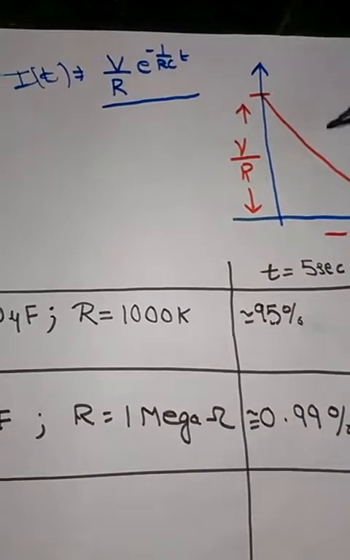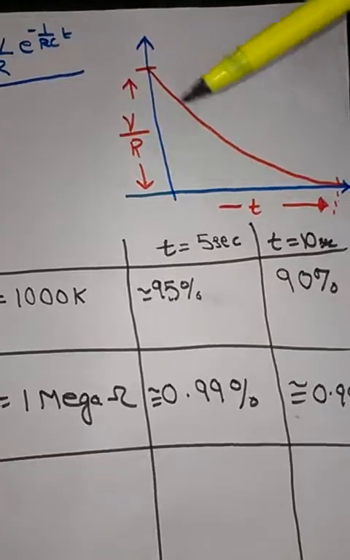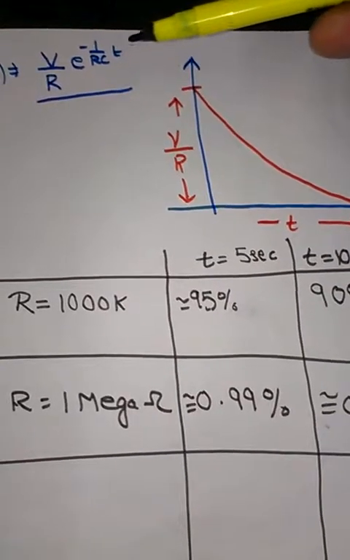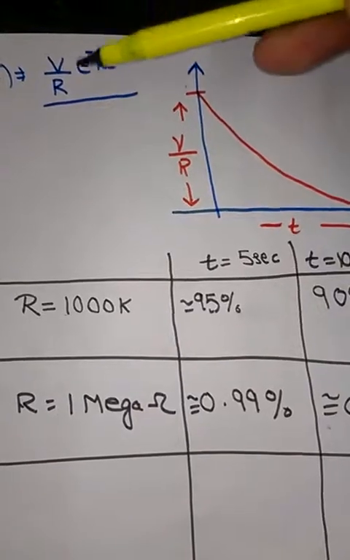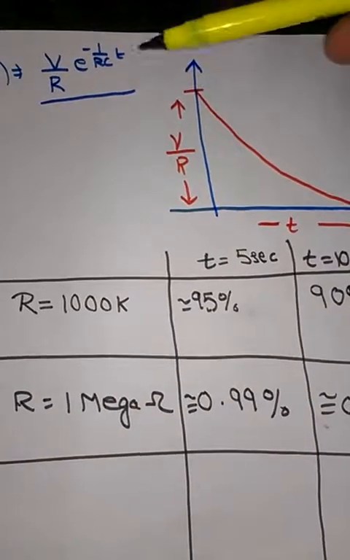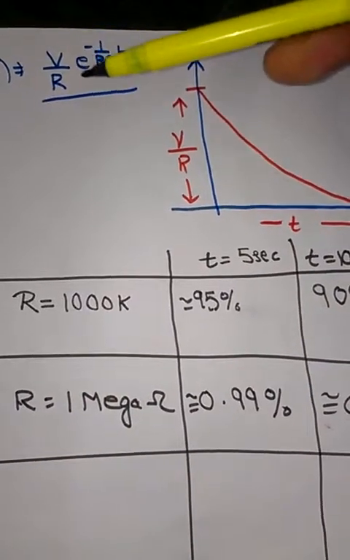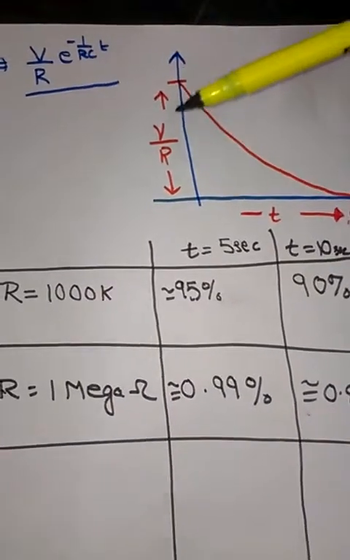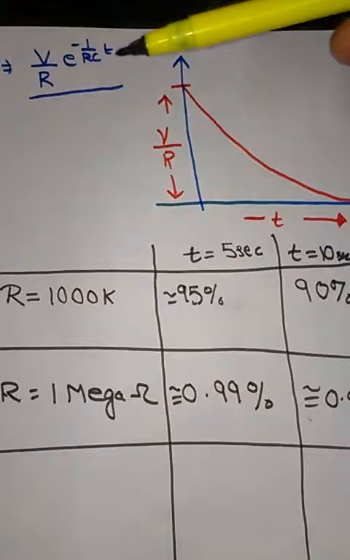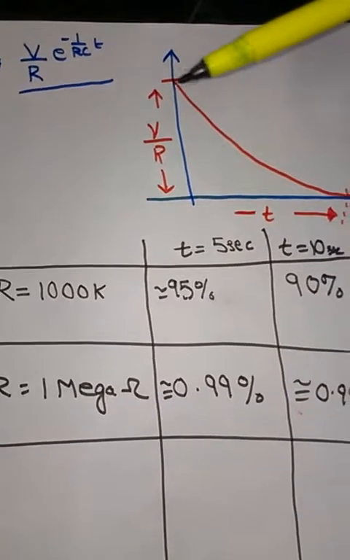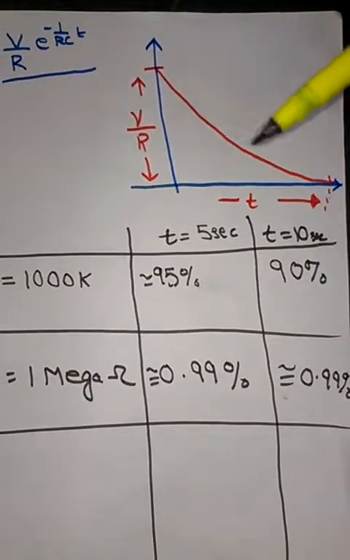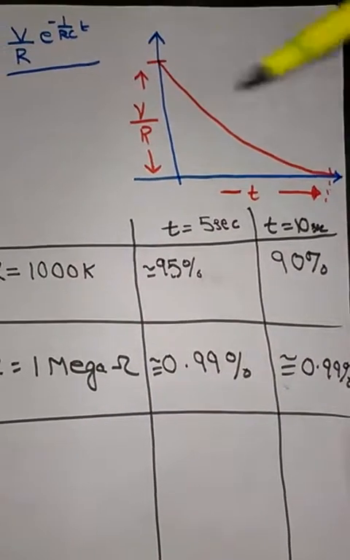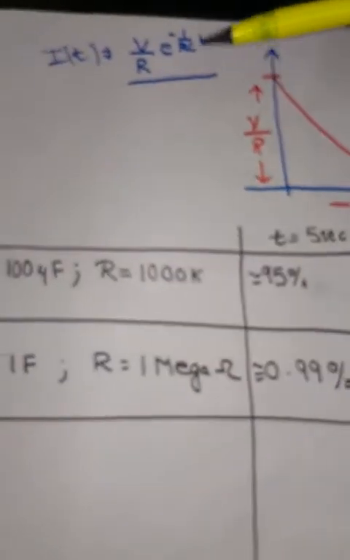If you plot the curve of i(t), when you put t equal to 0, this term becomes 1, and you have the maximum current flowing at t equal to 0. But as you keep putting t equal to 1, 2, 3, the current decays and eventually becomes 0.